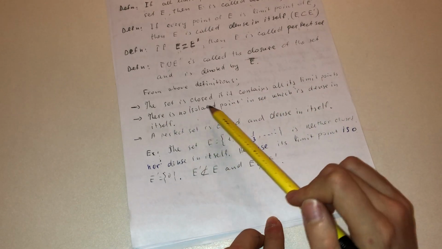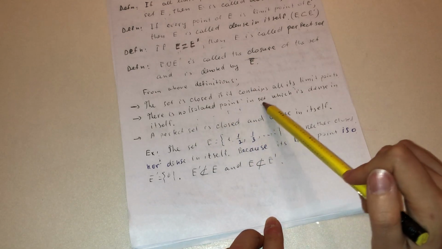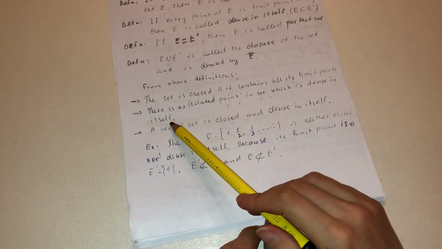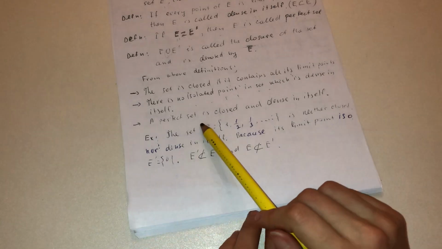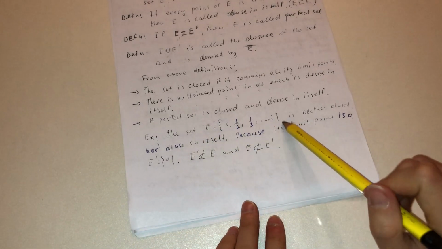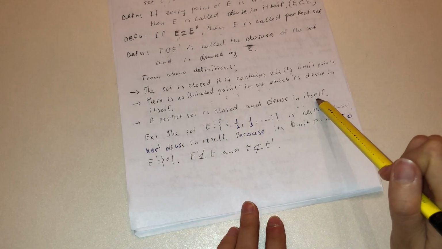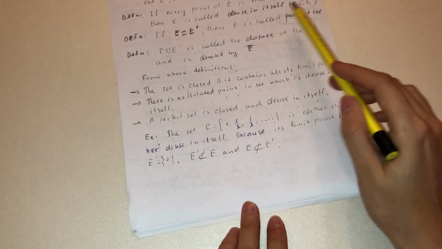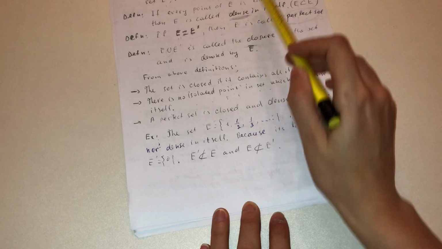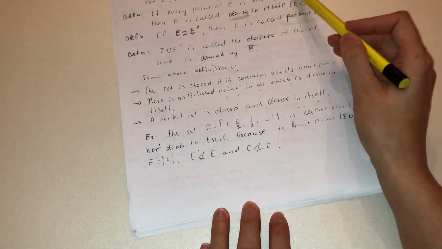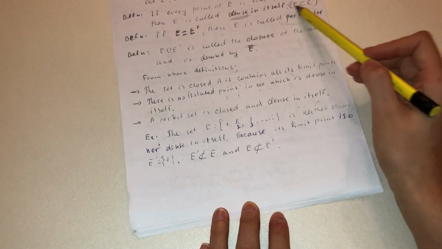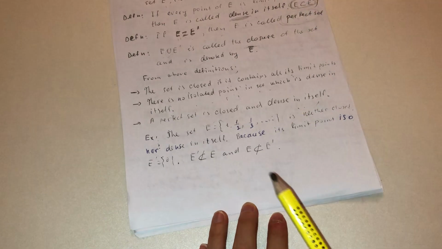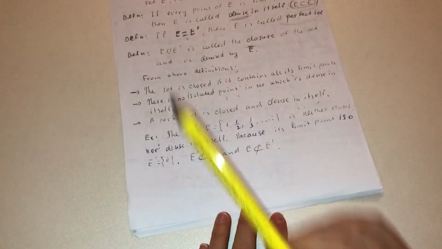There is no isolated point in a set which is dense in itself. A perfect set is closed and dense in itself, okay? The perfect set is both dense and closed because these two conditions are satisfied here.